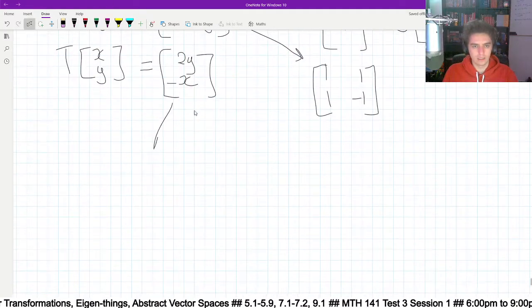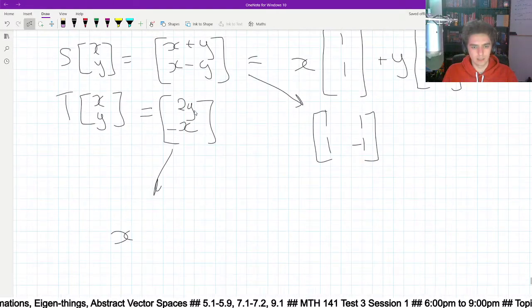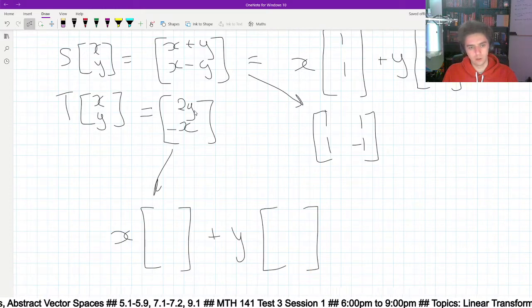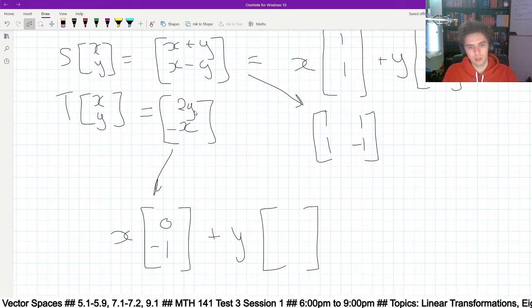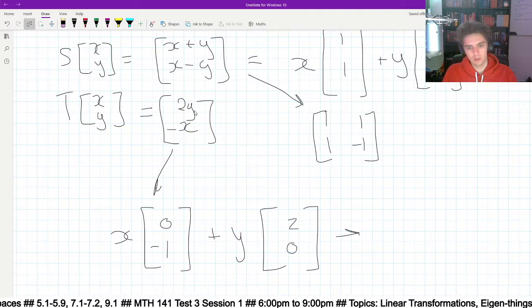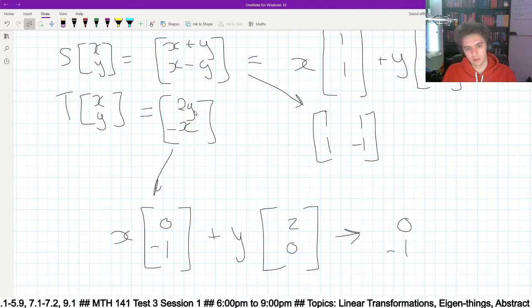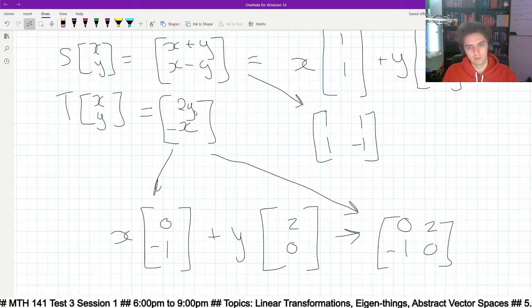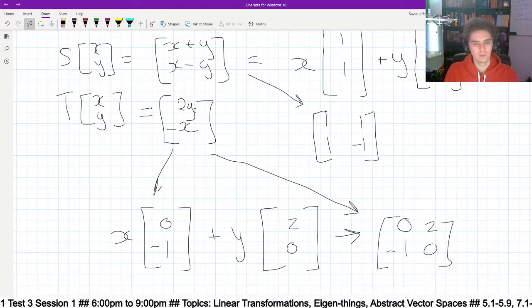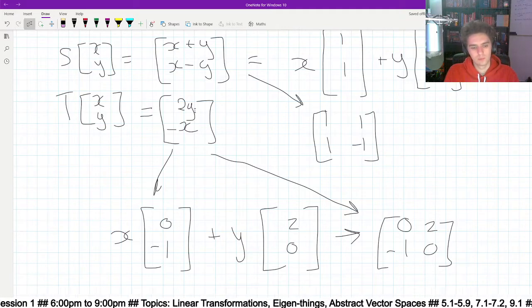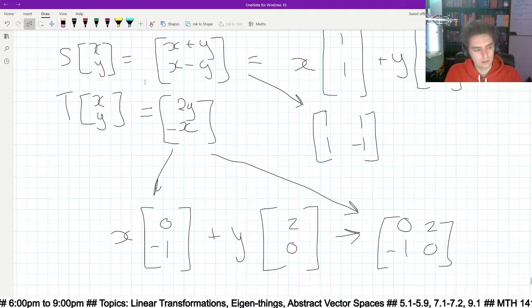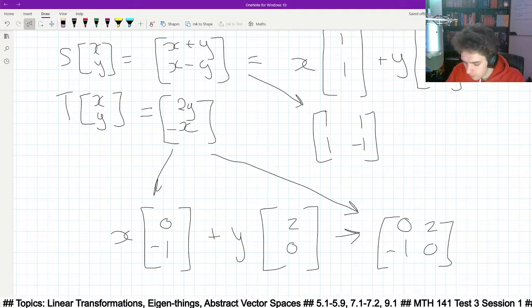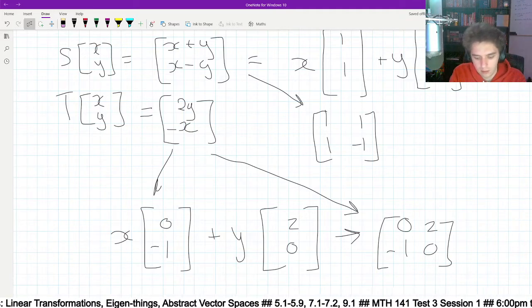I'm writing this as a linear combination of x and y. So it would be 0, -1, 2, 0. So 0, -1, 2, 0 is my matrix representation of T. Does that make sense? Hopefully.